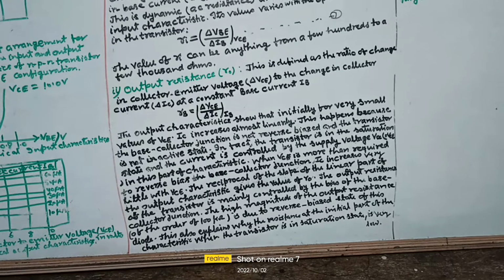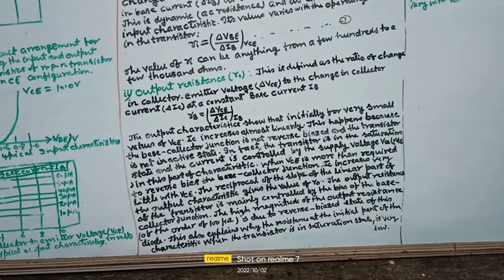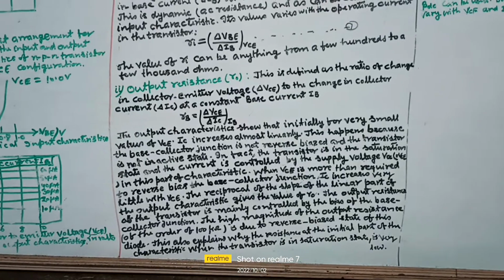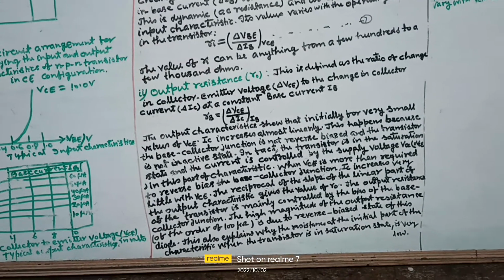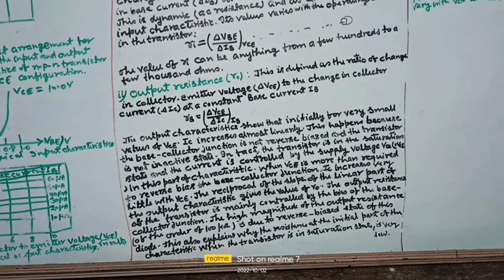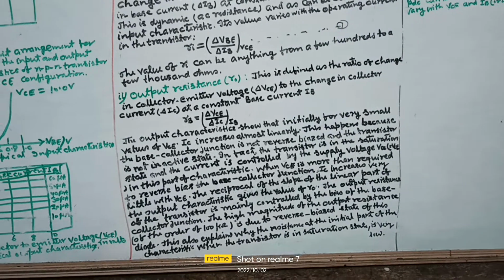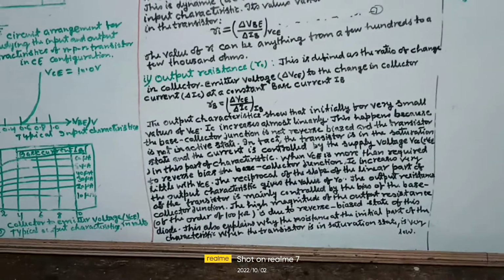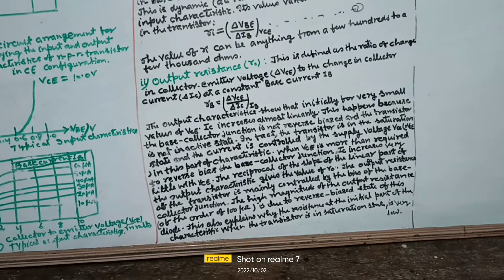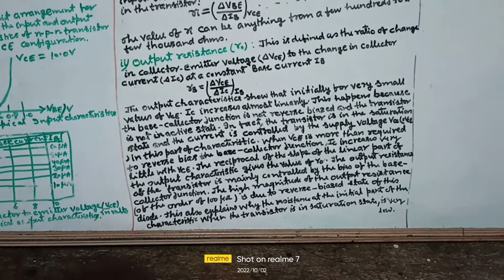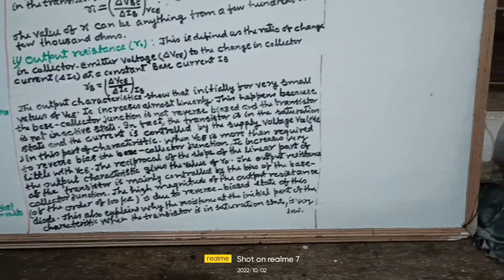The reciprocal of the slope of the linear part of the output characteristic gives the value of Ro. The output resistance of the transistor is mainly controlled by the bias of the base collector junction. The high magnitude of the output resistance is due to the reverse bias state of this diode. This also explains why the resistance at the initial part of the characteristic, when the transistor is in the saturation state, is very low.